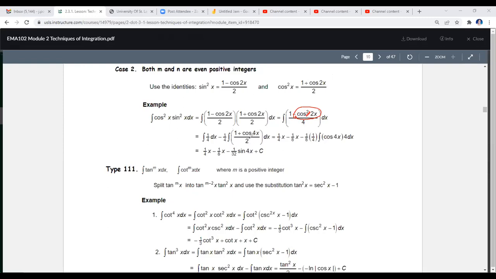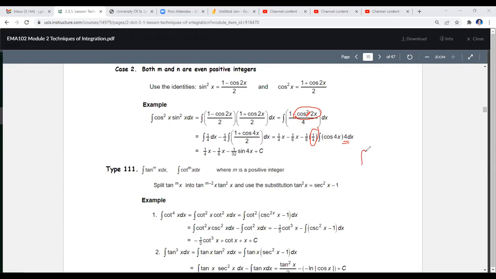This one, on the other hand, for this term, you will have 1/8 cosine of 4x. You can see this? 1/4 times 1/2, 1/8 cosine of 4x. You may wonder where this other 1/4 came from. You see the 4 that was introduced in the dx?